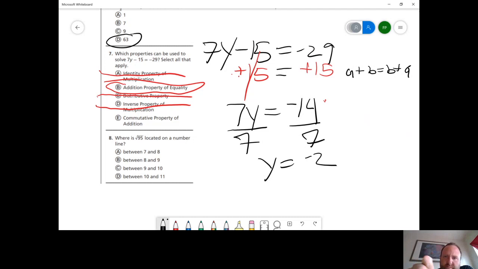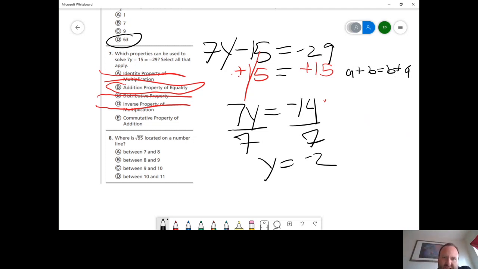So then, could we have solved that problem in the reverse order? So for instance, what we just did was we added 15 to both sides, but we could have added 29 to both sides. So negative 15 plus 29 would have equaled 14. We would have had 7y plus 14 equals 0. And then we could have subtracted 14 on both sides.